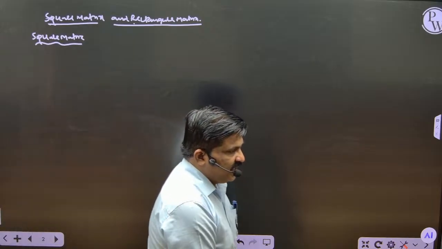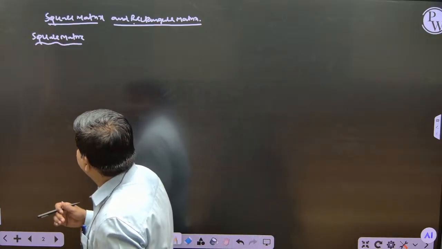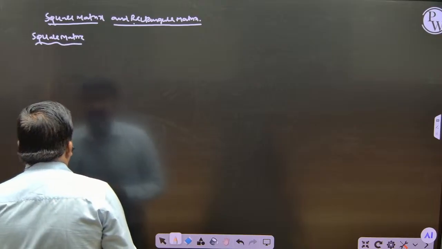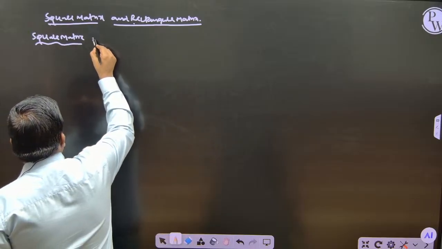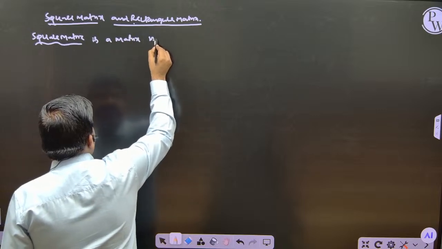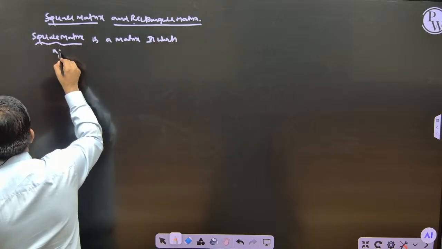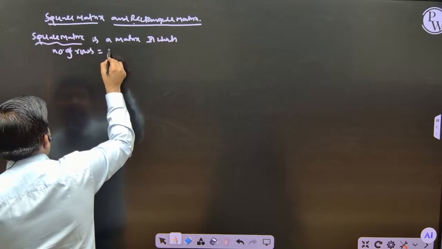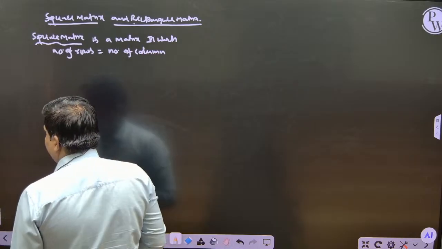Similarly here, square means the number of rows and columns are the same. A square matrix is a matrix in which the number of rows is equal to the number of columns.